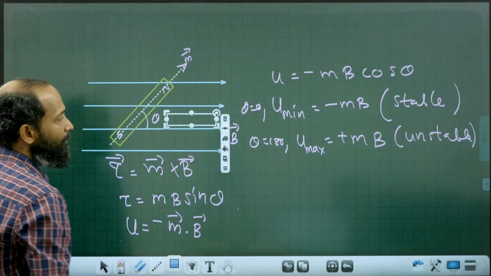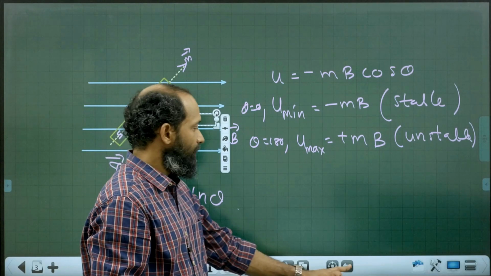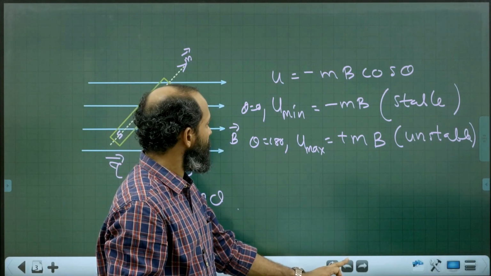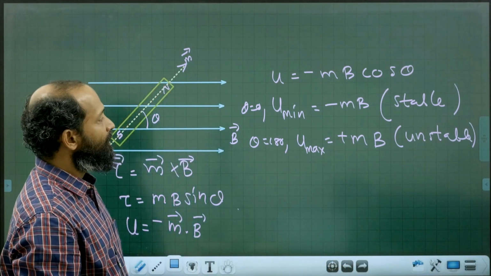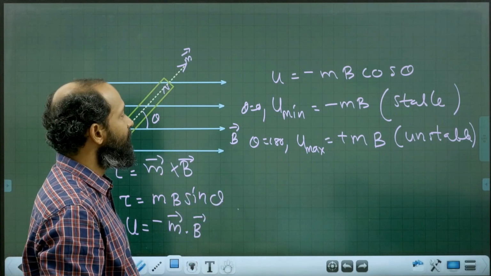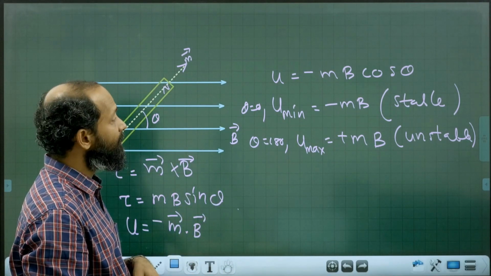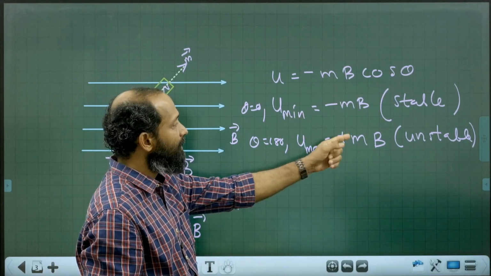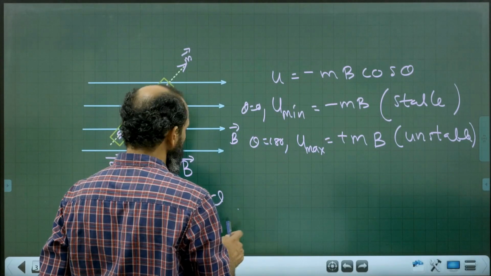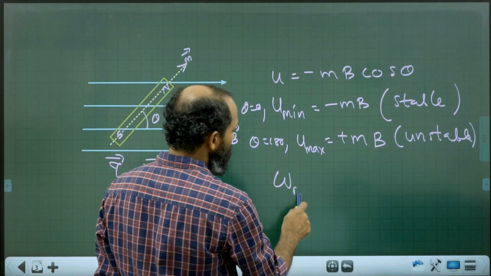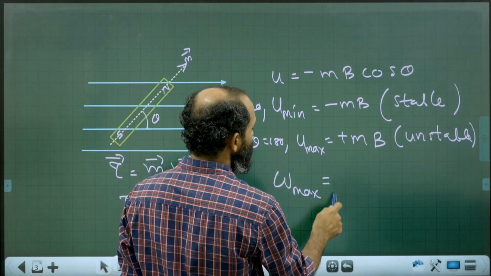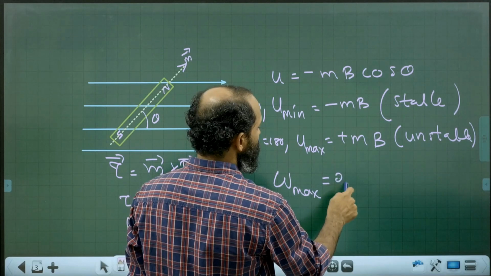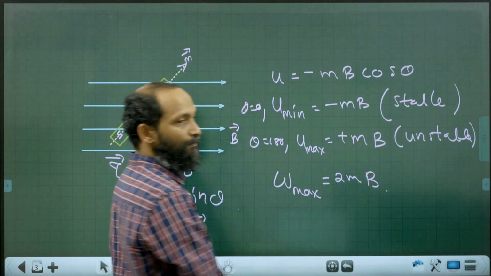Plus mB is the potential energy when theta is equal to 180, minus mB is that when theta is equal to 0. So final minus initial, plus mB minus (minus mB), that happens to be 2mB. So the work done in reversing this is nothing but 2mB.